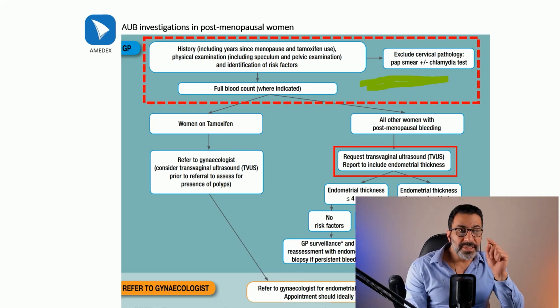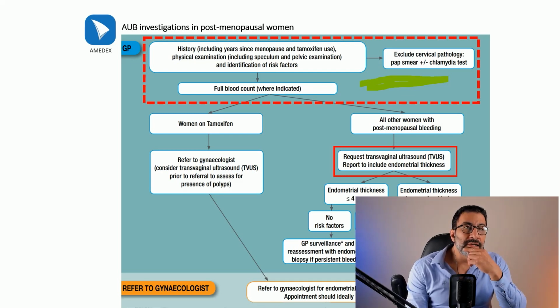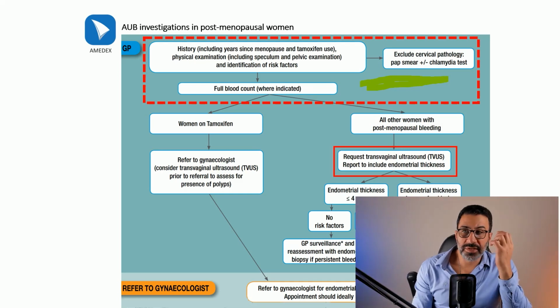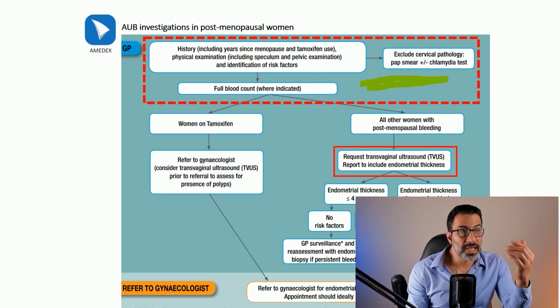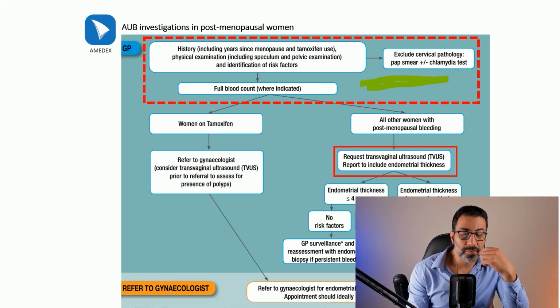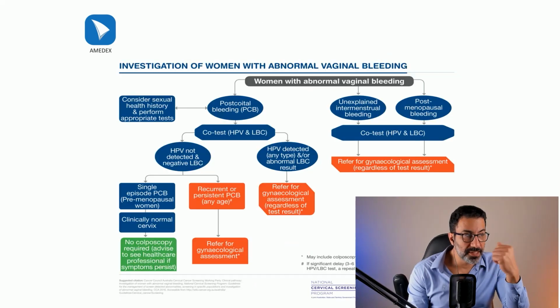But there is something here. It's very unlikely that you get this in your exam, but just to let you know, when we have a lady presenting with abnormal uterine bleeding, AUB, and she is postmenopausal, we ask her: by any chance, are you taking tamoxifen for breast cancer or whatever reason?